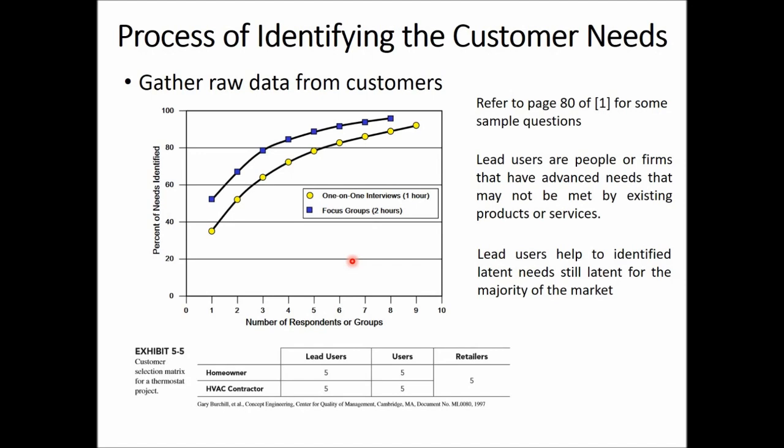Always they criticize the products. So you can see there are some websites where people write reviews on products. Like that, you compare the positives and negatives of these products. So it is very important to have some lead users in your customer base, because they can provide very useful, valuable information for your product development.